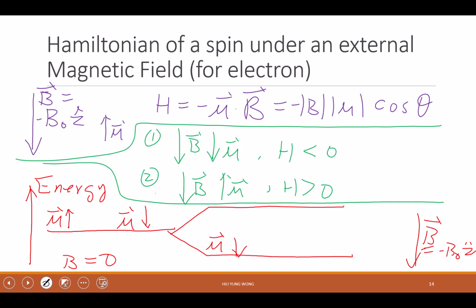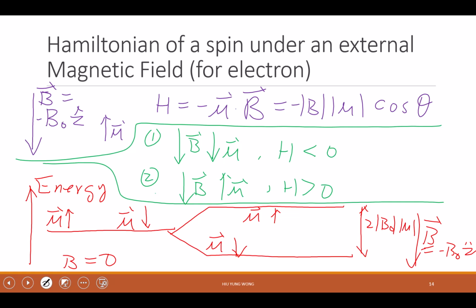And the one anti-parallel to the magnetic field, that means if your magnetic moment is pointing up, you have a higher energy, right? And the separation is how much? B0 mu. This is the separation, right? Because one of them is plus B mu, another minus B mu. Is this okay?